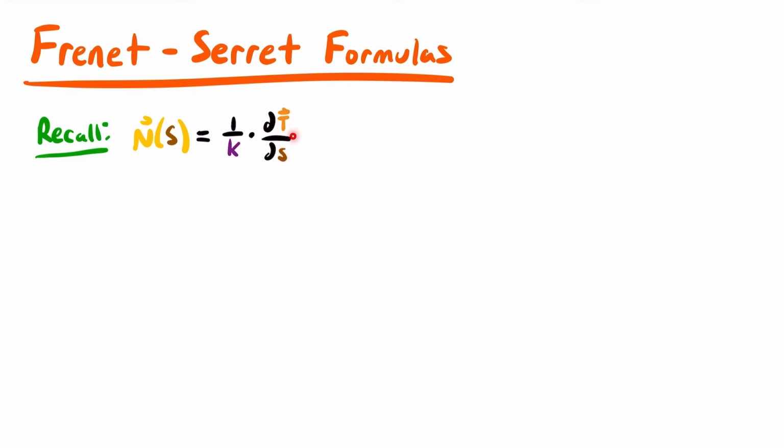If we solve for that derivative, dT/ds, this is what we get. You would multiply both sides by the curvature, giving you that dT/ds is equal to the curvature multiplied by the unit normal vector. And I'm just going to keep it like that.